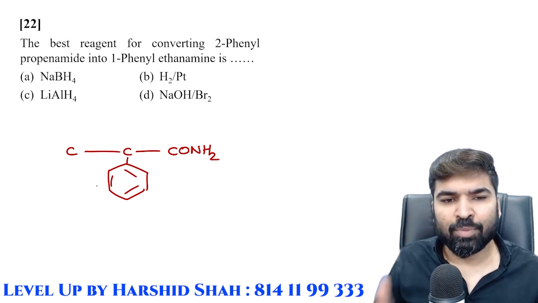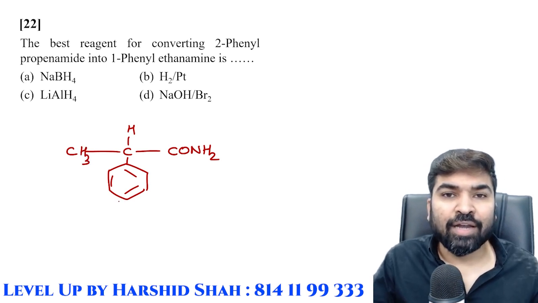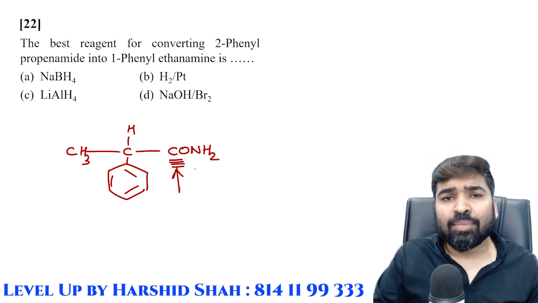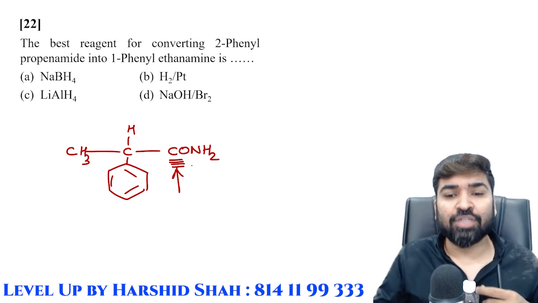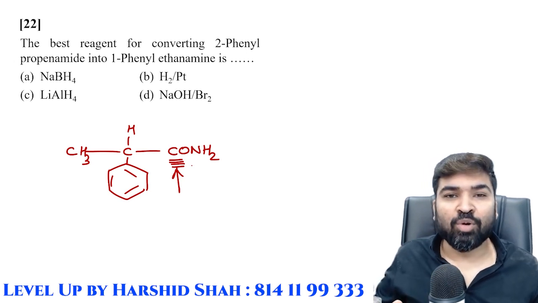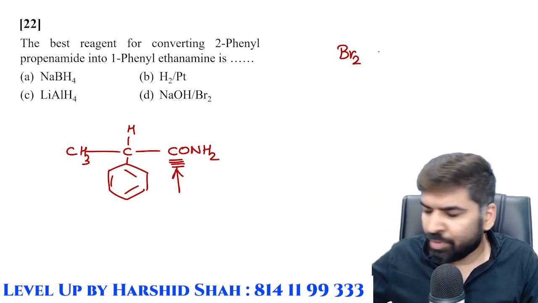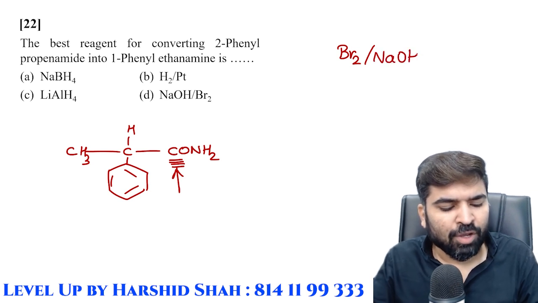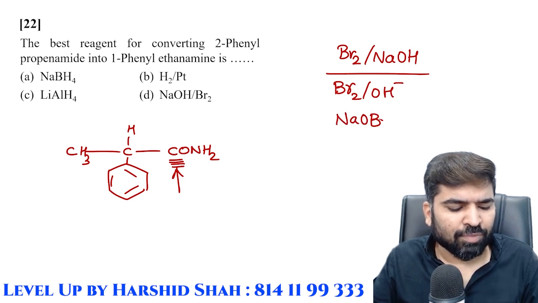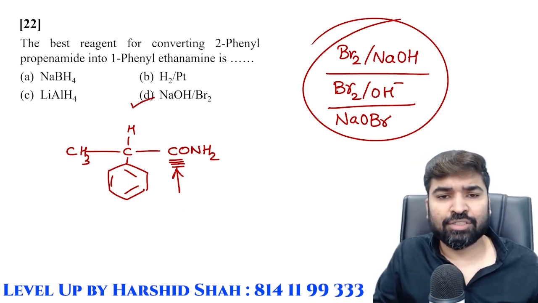The benzene group is given at the second position, and everything else we have satisfied with hydrogen. Now what we need to do is just remove this carbonyl group. The reaction is the Hofmann bromamide reaction. Here we can have bromine with NaOH, sodium hydroxide, or bromine with OH minus, or we can have NaOBr. These are aliases, meaning the reaction is also written in this way.